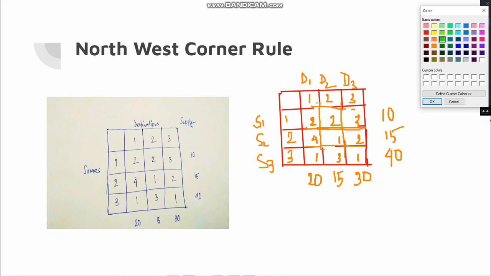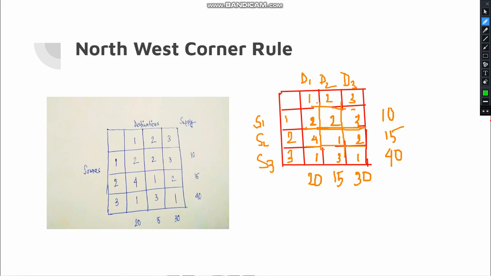Now comes the most important part. See, this is our graph. Let us consider this part only. For this graph, this one is the northwest corner of this matrix.